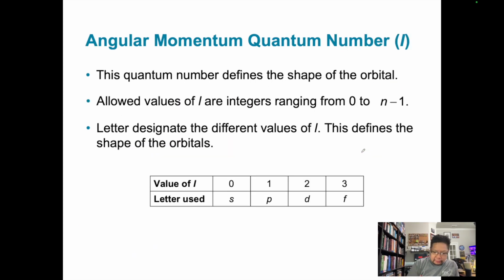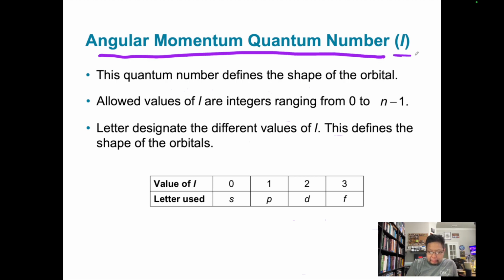The next one is called the angular momentum quantum number, and that's L. The short story is that L tells you the shape of an electron orbital, not the actual orbit around the atom, but what shape that orbital is.